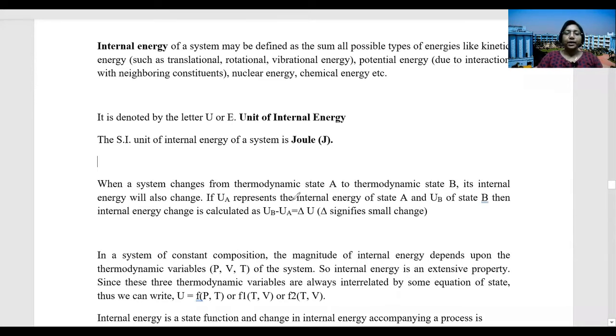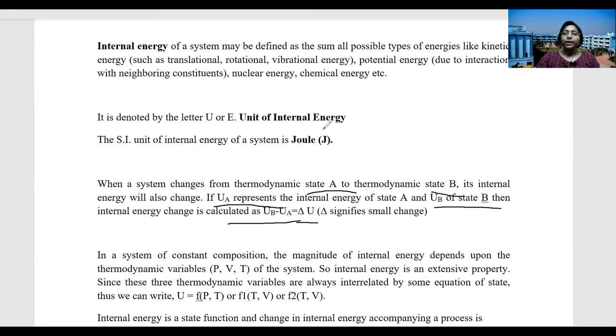So we take UA, that represents the internal energy of state A, and UB, the internal energy of state B. The internal energy change will be calculated as UB minus UA, which can be written as del U, the change of internal energy from state A to state B.